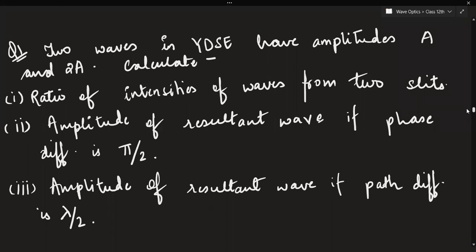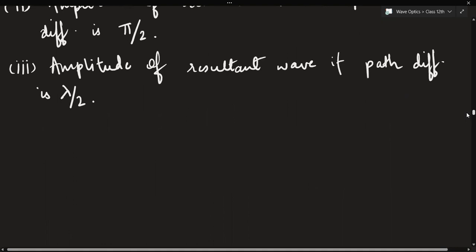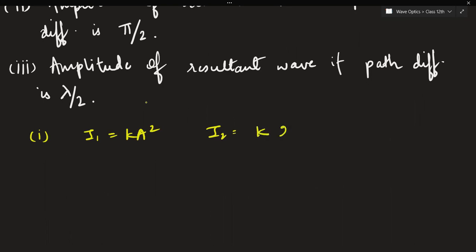Then the amplitude of the resultant wave; let's do it part by part. Two amplitudes are given, the ratio of intensities is asked. We have discussed that intensity is basically proportional to the square of the amplitude. So I1 will be equal to K A squared, I2 will be equal to K (2A) whole squared, that is K 4A squared.